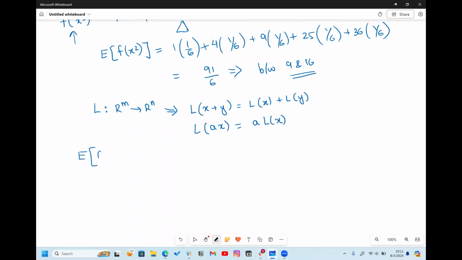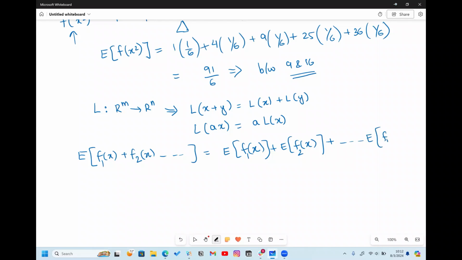Say you have f1 of x, f2 of x, and so on. You can decompose the expectation of their sum into a sum of expectations of the different functions, and so on, up to the expectation of fn of x.